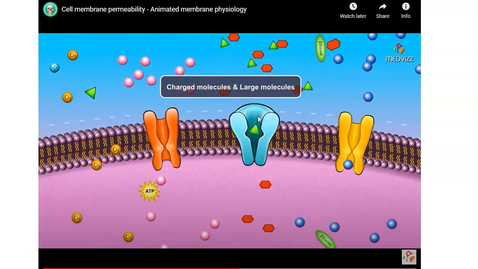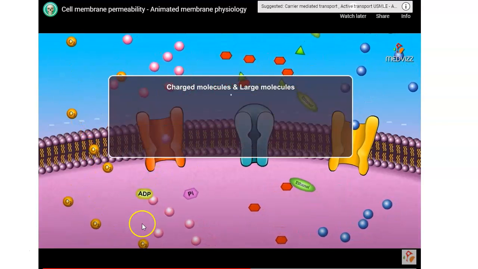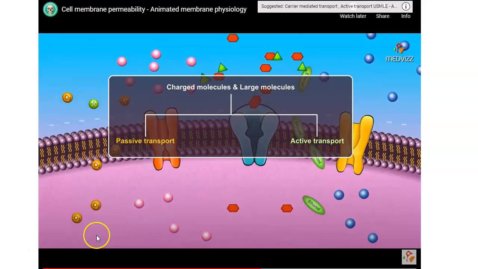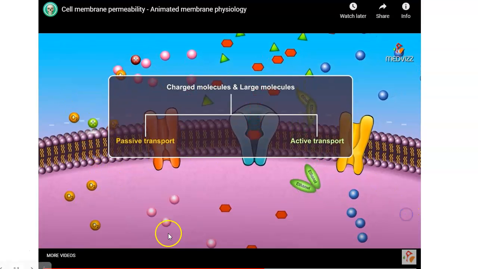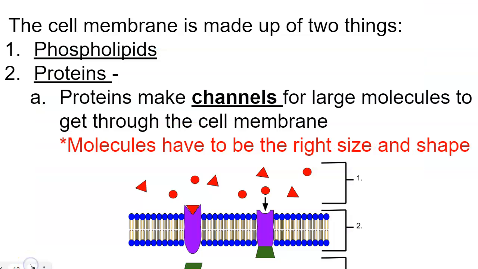So we say that these channels are specific, meaning they have a specific size and shape of a molecule that fits in there. They're made for one type of molecule. They're not made for all different types of molecules. So let's go ahead and write this down. Molecules have to be the correct size and shape in order to fit through that channel.